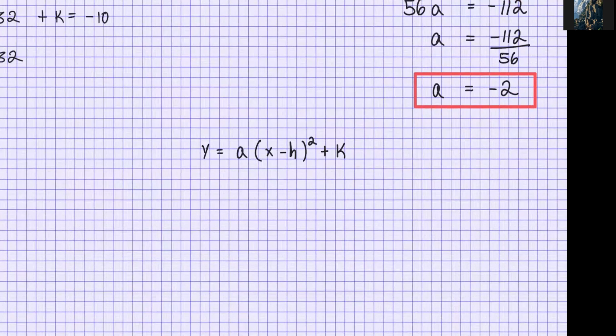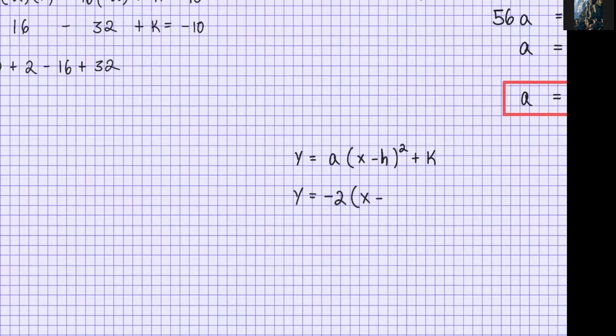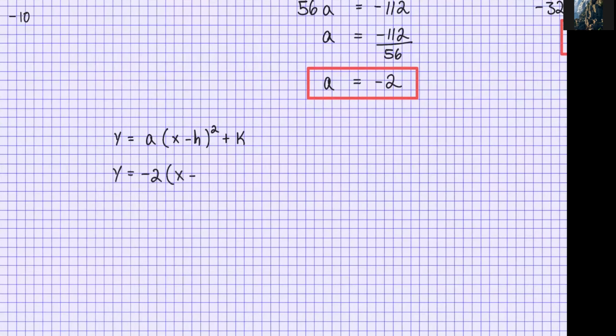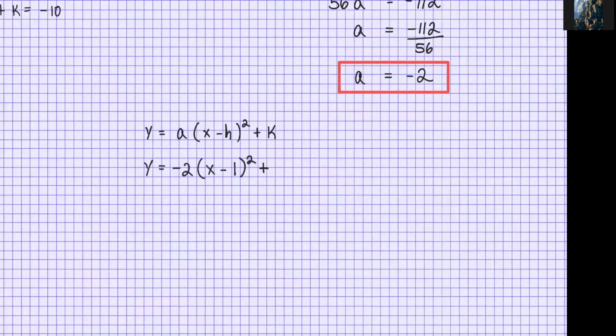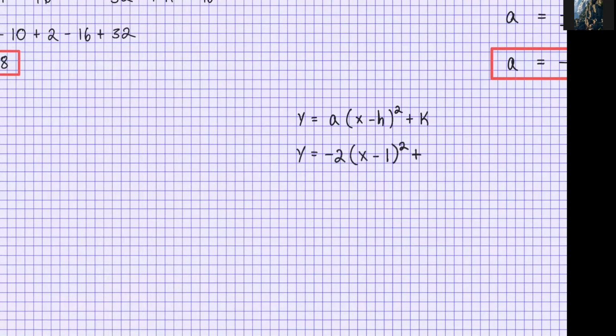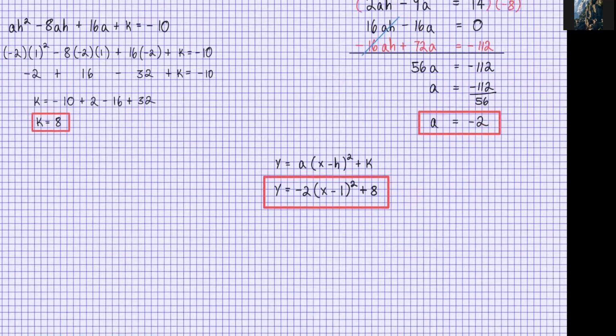So it will be a, that is negative 2, times x minus h. h is, we have it over here, 1. This will be squared, and k will be 8. And this is our final answer.